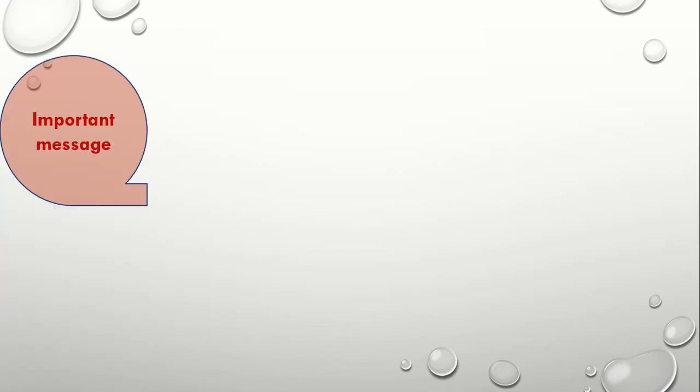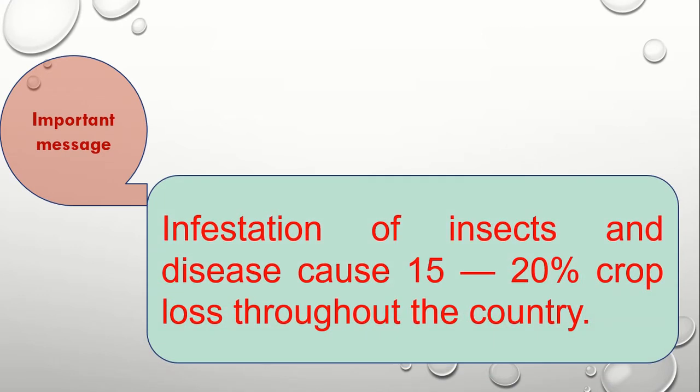First of all, I'll give you one important message, which is that infestation of insects and disease cause 15 to 20% crop loss throughout the country. What does it mean? It means that in our country about 15 to 20% of the crop is lost from the attack of insects and disease.